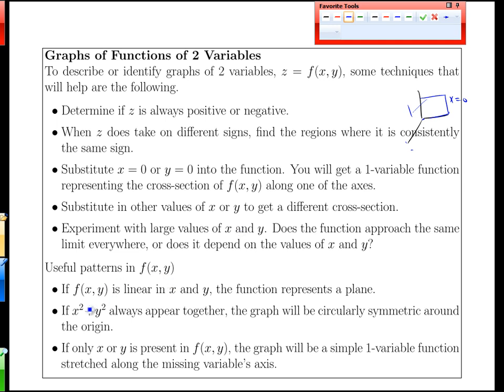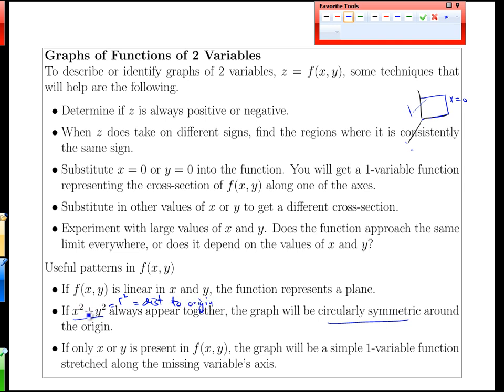There are important features that we're going to see again in the upcoming examples, such as if we have something that's linear in x and y, you're going to get a plane. Here's an interesting one. If you always see x and y appearing together as x squared plus y squared, then you could basically replace that with the distance to the origin.